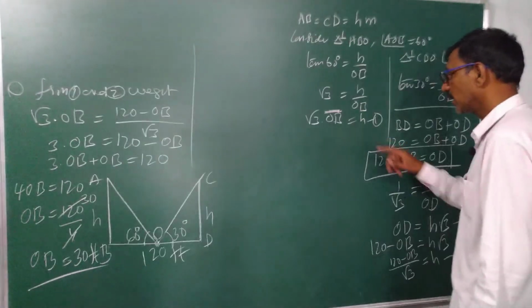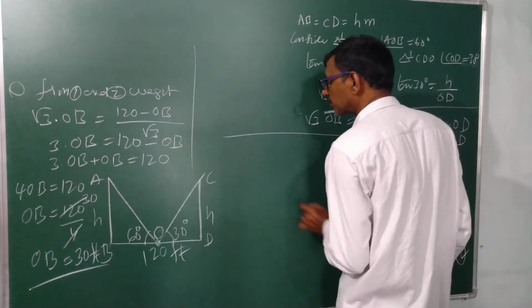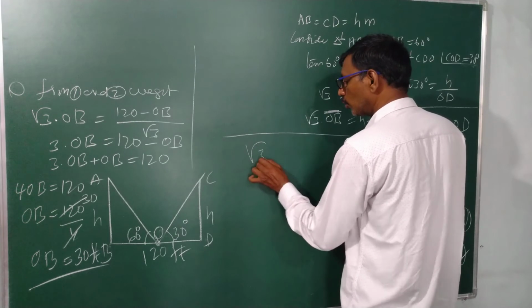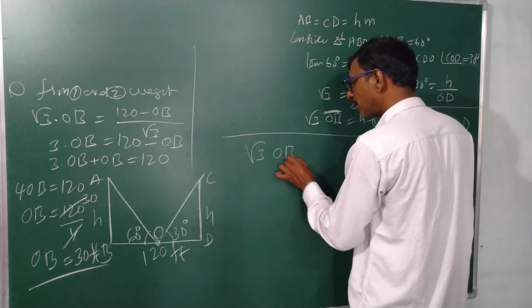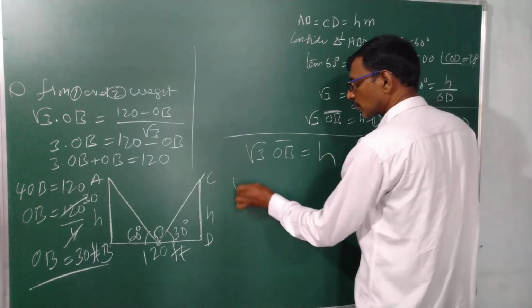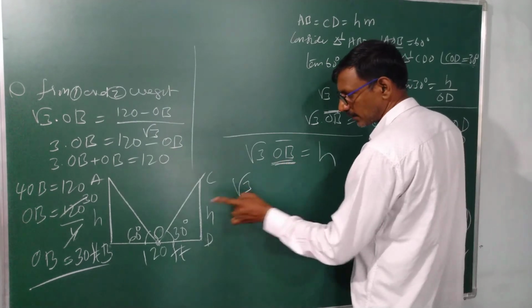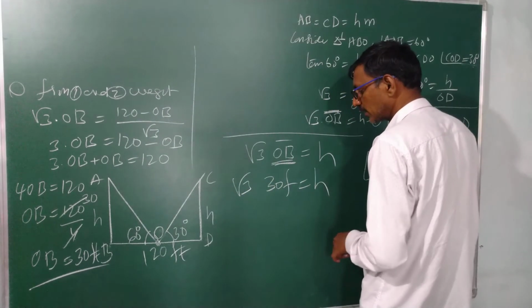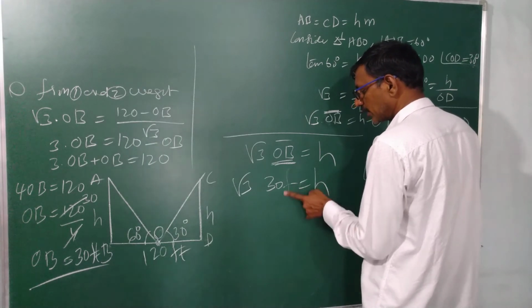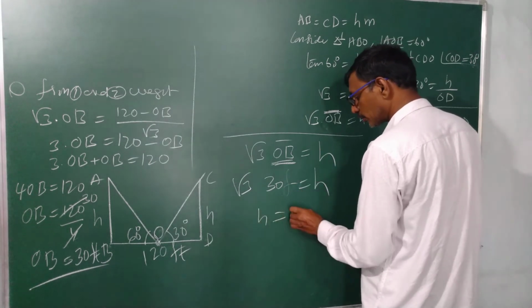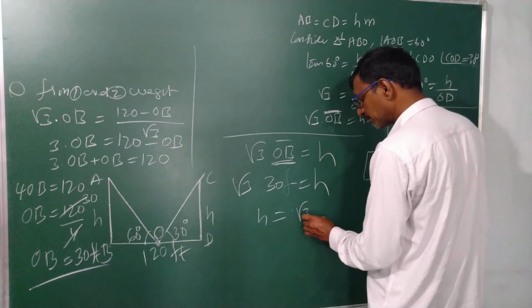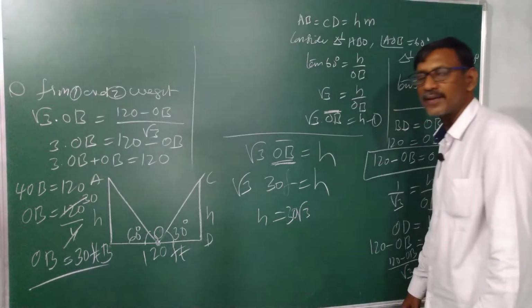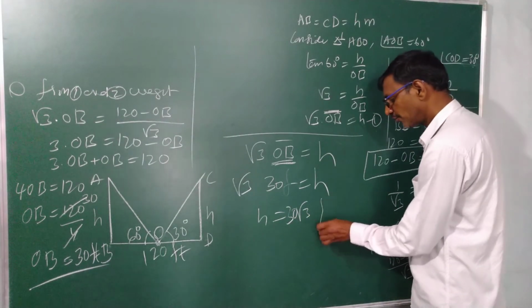Here we have the first equation, root 3 into OB equals H. So root 3 into my OB, which is 30 feet, equals H. Therefore, height equals root 3 times 30, or 30 root 3 feet.